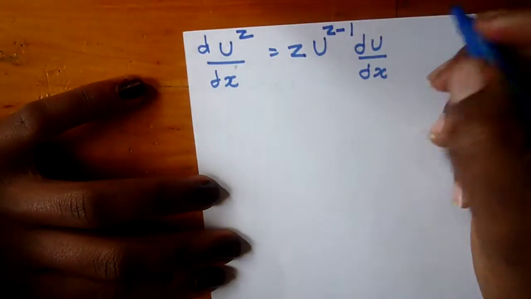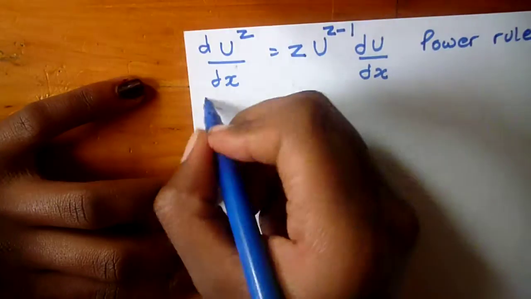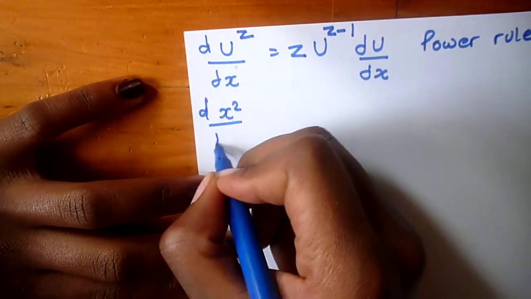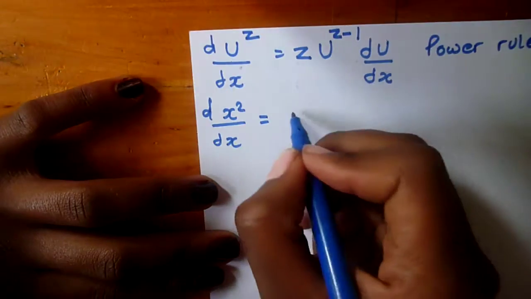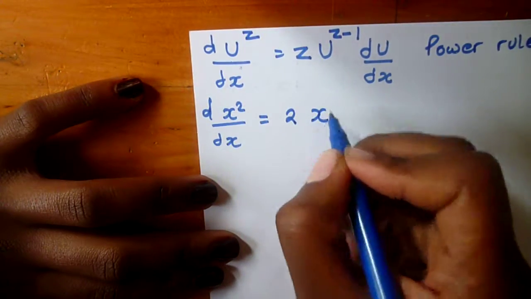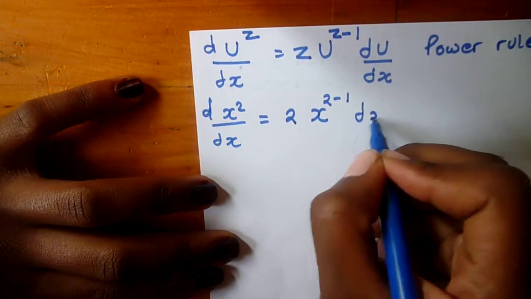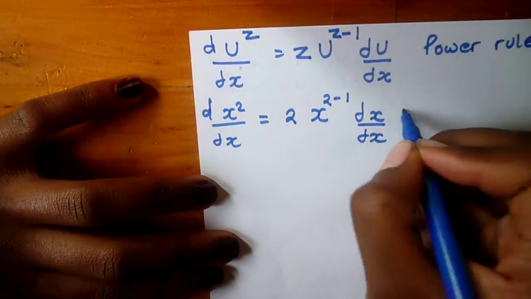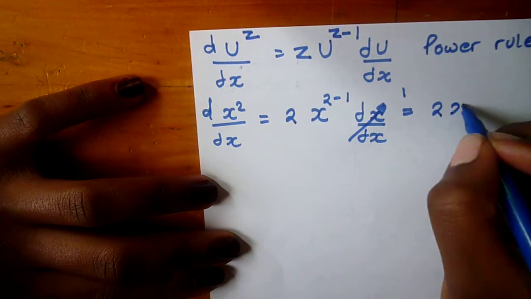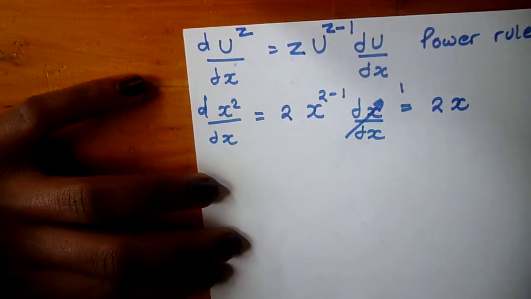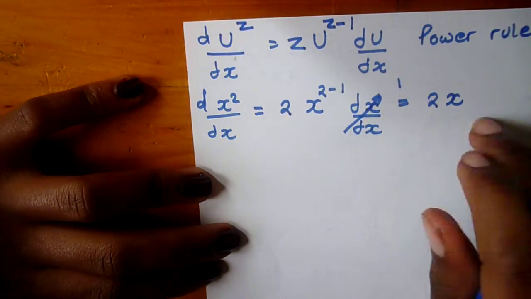So let's apply this power rule to the derivative of x squared with respect to dx. So our z, which in this case is 2, is going to drop. Then x to the 2 minus 1, times the derivative of x, which is 1, so it will be 2 times x raised to 1, which is just x. So the derivative of x squared with respect to dx is 2x.